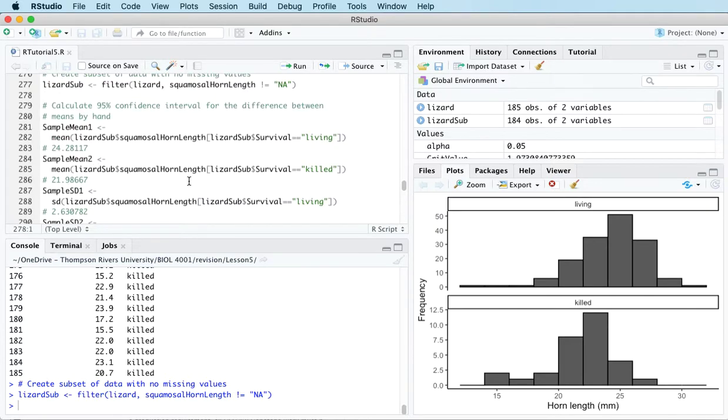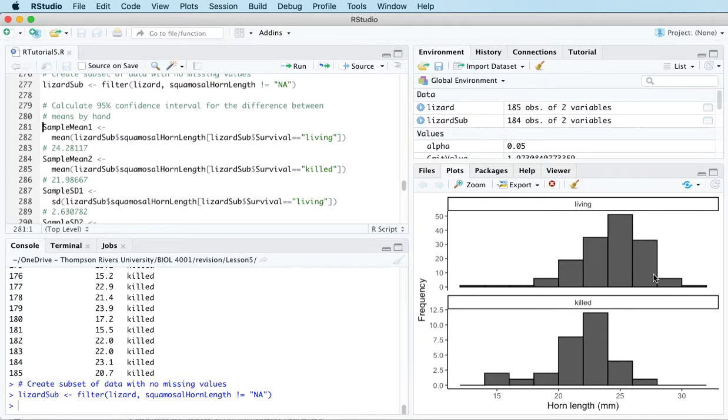Okay, so we've got a good data frame to work with now, and I can calculate a confidence interval for the difference in population means in the two groups. Because that's what we're interested in here.